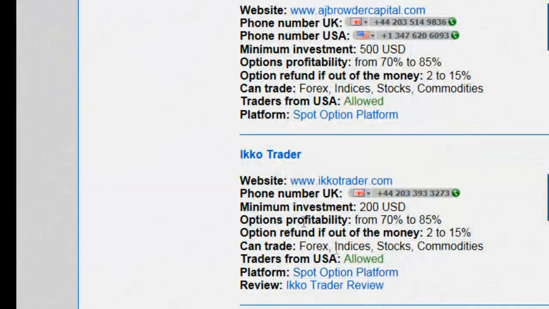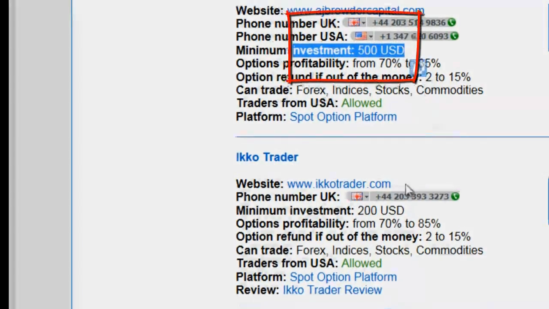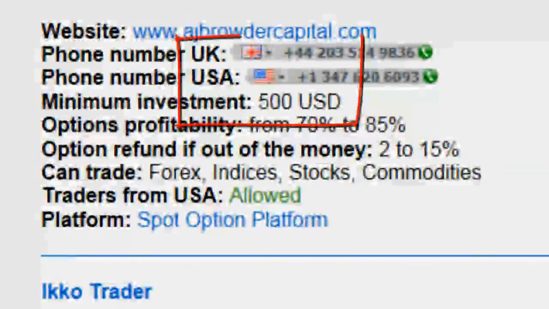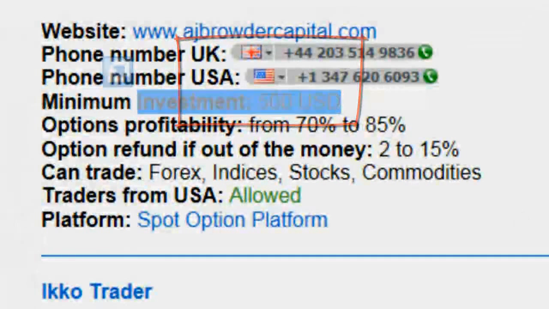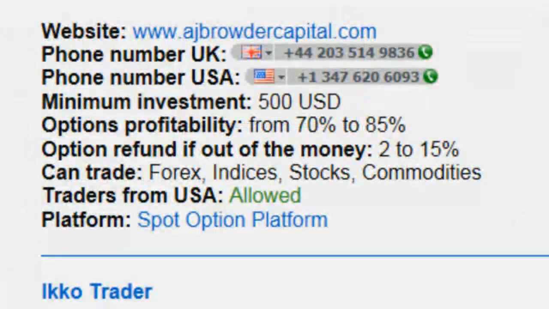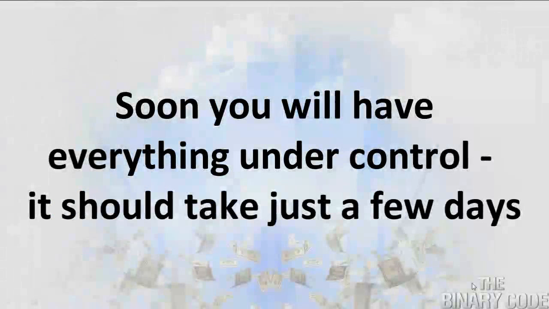However, since these brokers require a minimum initial deposit of $500, $1,000 or more, we suggest you generate the money first and maximize the profits on this platform. So soon you will have everything under control, and this will happen in just a few days.